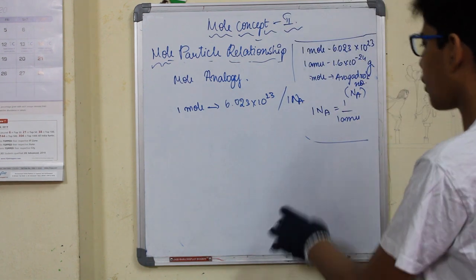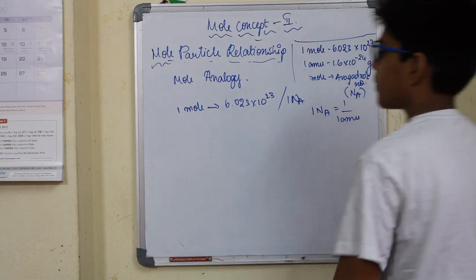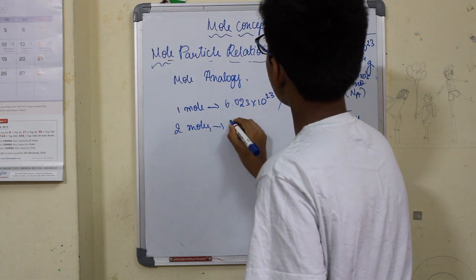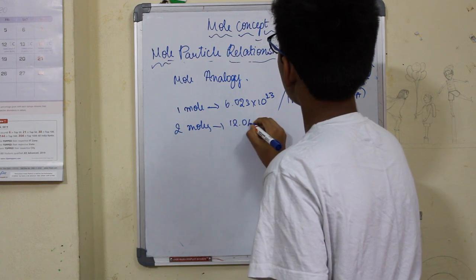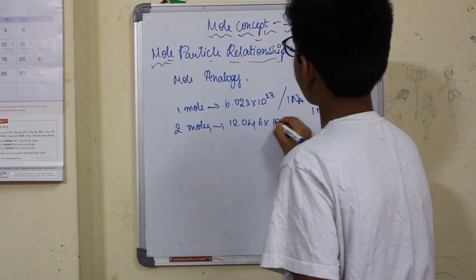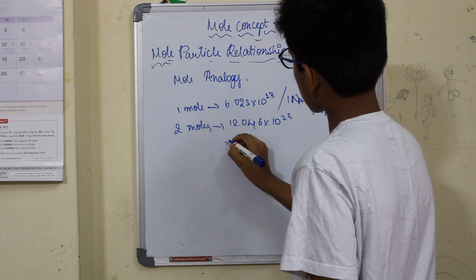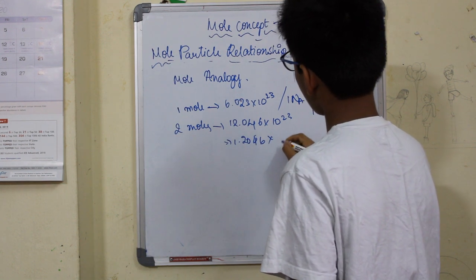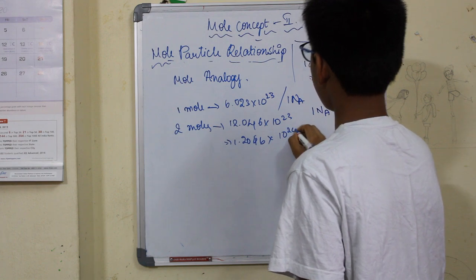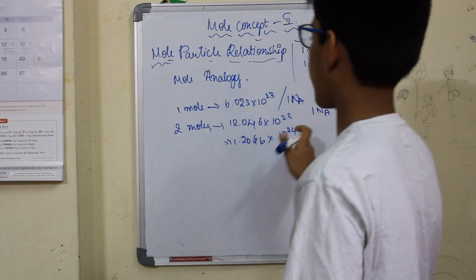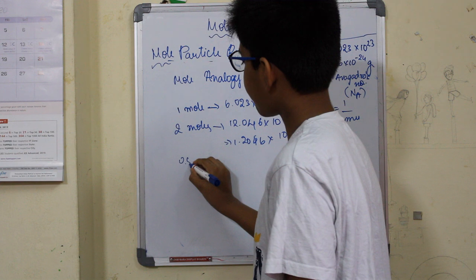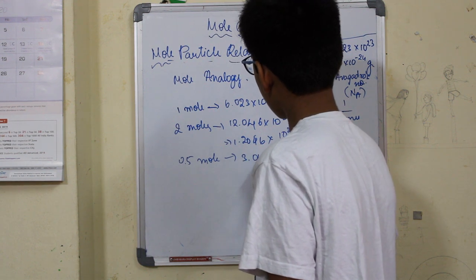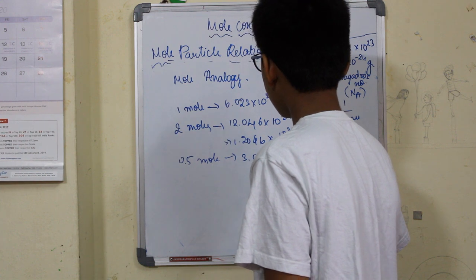We have to choose by the options. What are 2 moles? 2 moles are 12.046 into 10 power 23, or in scientific form 1.2046 into 10 to the power 24. This is a scientific format. Now if I say 0.5 mole, approximately it is 3.011 into 10 power 23.